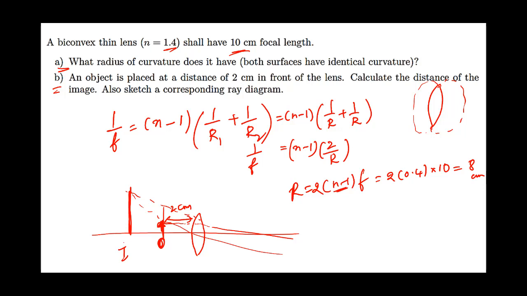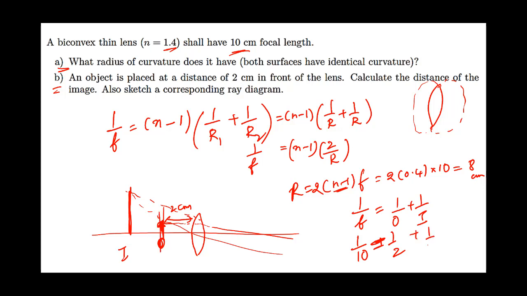So then we can use the equation 1 over f is equal to 1 over object distance plus 1 over the image distance, right? So you have 1 over 10 is equal to 1 over 2, because the object is 2 centimeters, right?